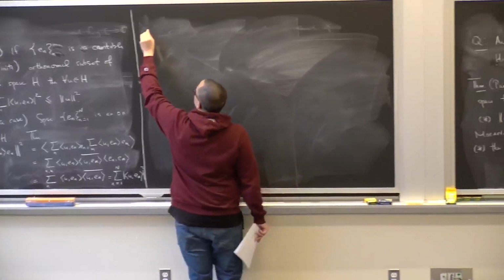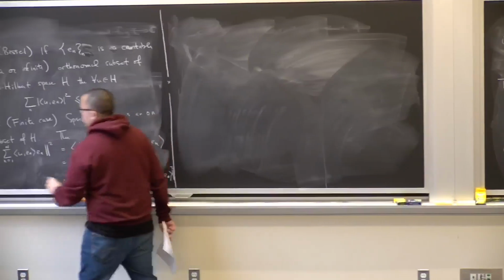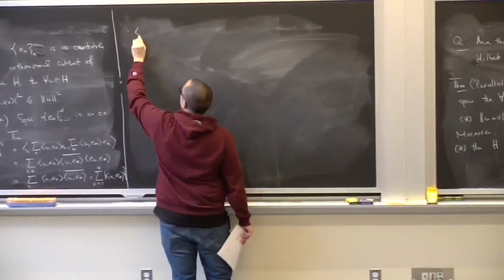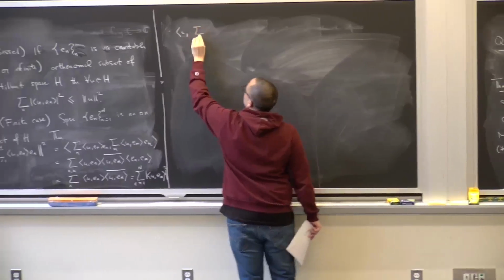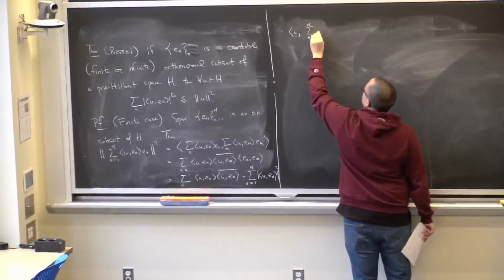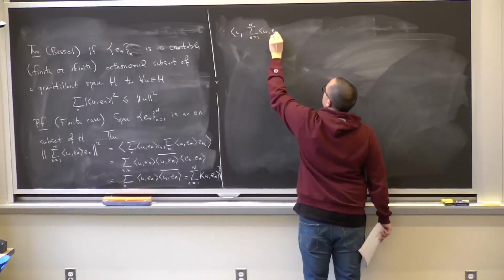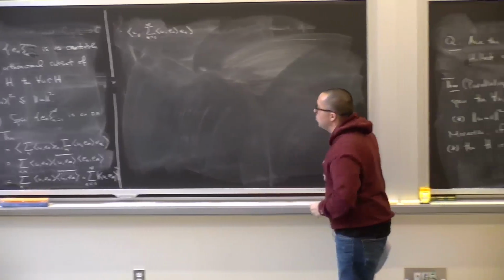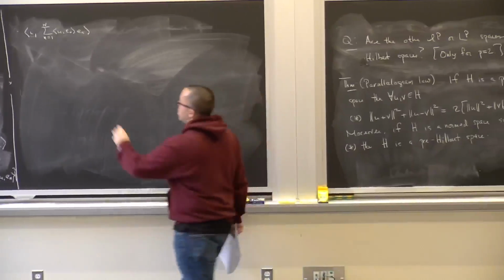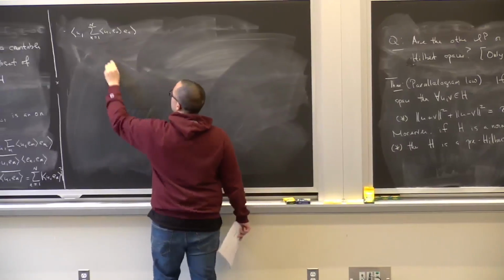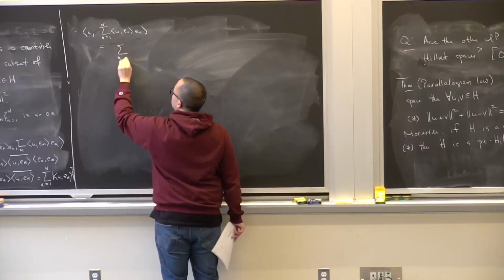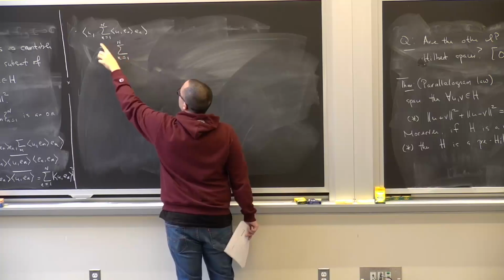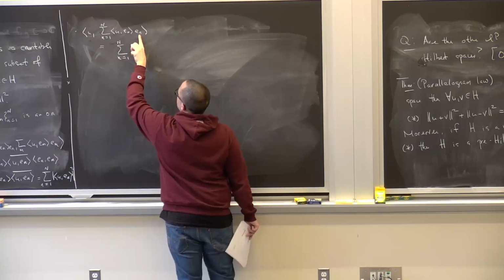And that's one formula I want to have. Another one is that if I take the inner product of u with the sum from n equals 1 to N of ⟨u, e_n⟩ e_n, and maybe you recognize what this sum actually is, I'll say so in a minute. So this is equal to the sum from n equals 1 to N of ⟨u, e_n⟩ times this number.